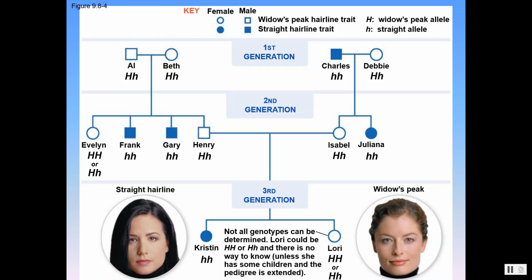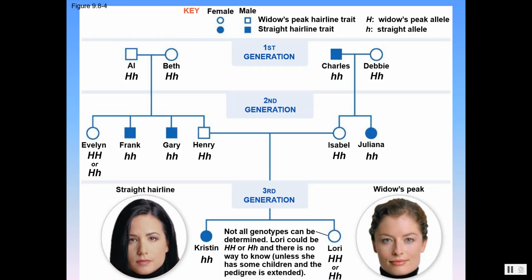Now, there are squares and there are circles. If the square or the circle is filled in, then it is the straight hairline. If it is hollow or open, then it is the widow's peak. And so you can follow that down.